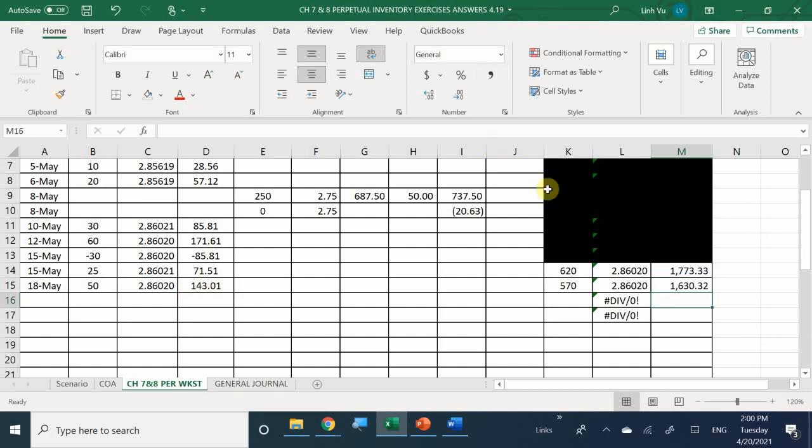So that still stays the same, but what's my total cost? 1630 and 32 cents. Good. Perfect. So here, I'm once again going to block it off, because I don't need that information anymore. I just need this. So I have 570 more mugs left to sell.